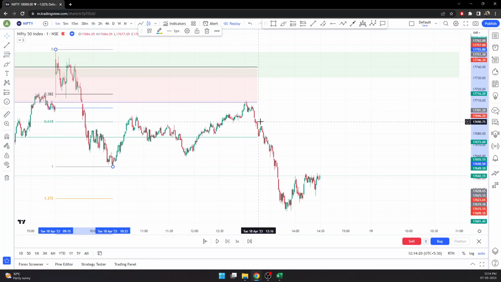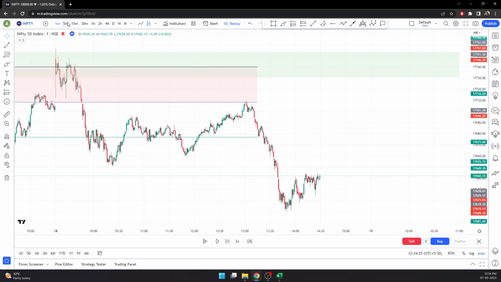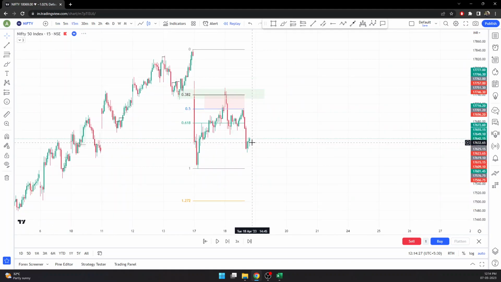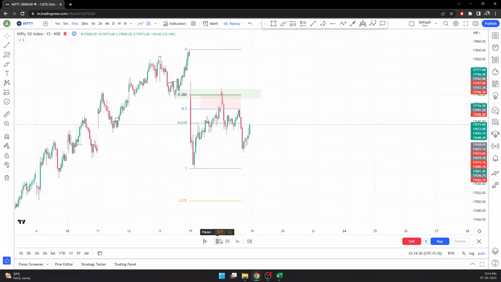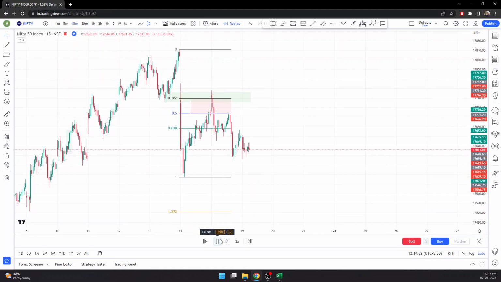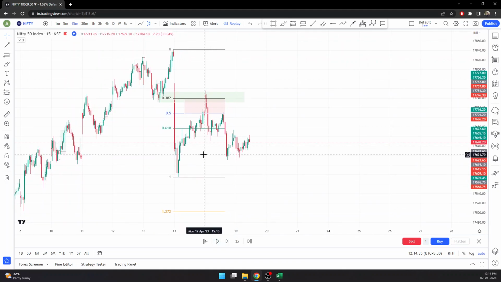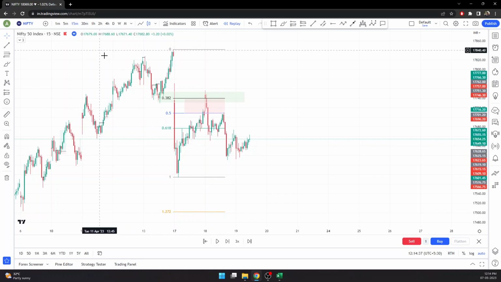Almost touched this level, broke this level, broke this level. Okay, works beautifully. But if we look from a 15 minutes point of view, even though we see some strong selling moves here and even smaller swings of buying, of correction or retracement back to these levels, we do not see any break onto the lower side.